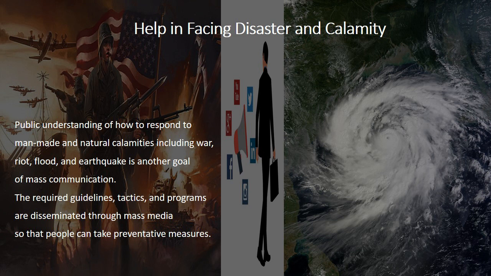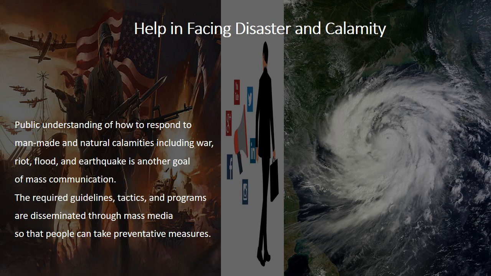As you can see, there are two different images over here, on your left hand side and on your right hand side. One is showing a natural disaster, another is showing a man-made disaster. In both cases, we have mass communication to disseminate the message. As it is clearly mentioned over here, public understanding of how to respond to man-made and natural calamities, which include war, riots, floods, earthquakes, is another goal of mass communication.